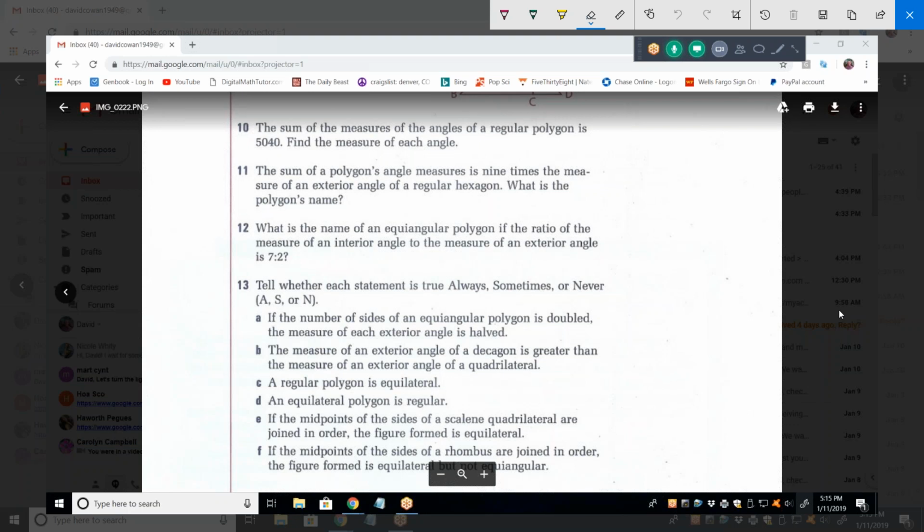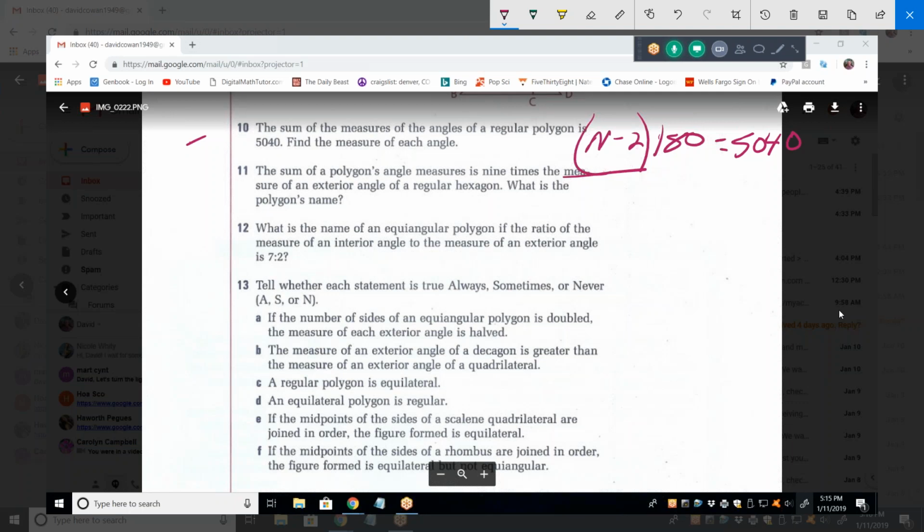So, let's go to 10. What equation can I write? N minus 2 times 180 over n. Well, first of all, what is 10 minus 2 times 180 equal? We don't know how many sides there are. Oh, polygon. 5040. Oh, yeah. In other words, that's the starting equation that we can get from the sentence they have given us.